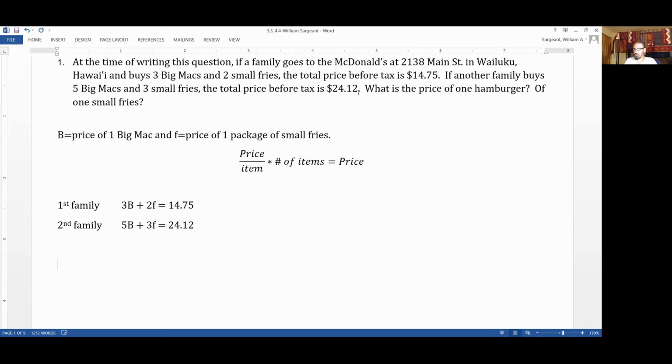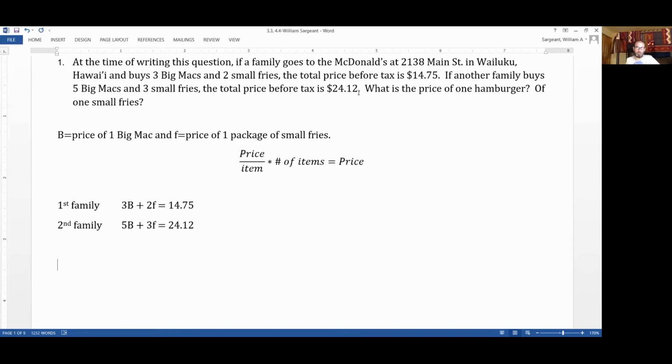Looking at those numbers, I don't think that substitution is a good way to go here. Instead, I'm going to use elimination. Take a look at the coefficients of B, and the least common multiple of those is 15, whereas the least common multiple of the coefficients of F is 6.